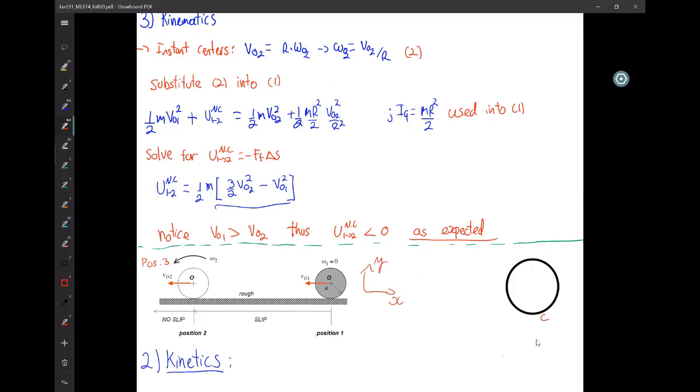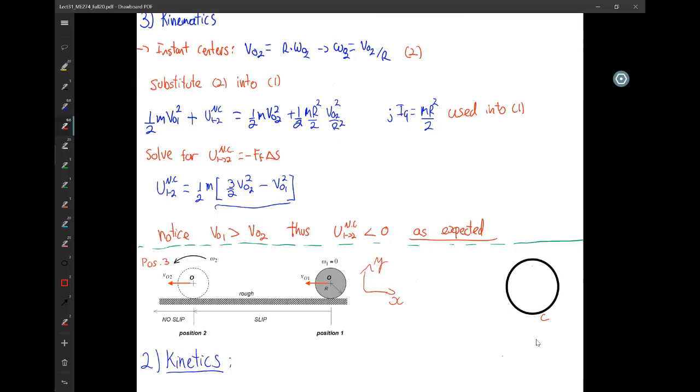If I want to know what happens after a few meters of that disk rolling without slip on that surface, which of the kinetics tools do you think we should use?